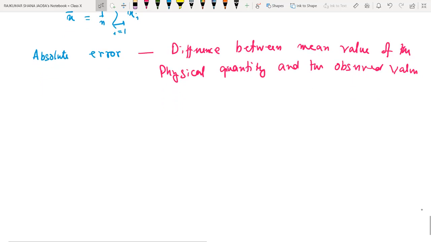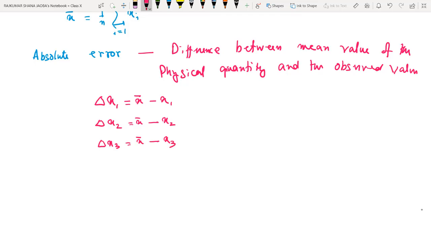So delta x1 equal to x bar minus x1, delta x2 equal to x bar minus x2, delta x3 equal to x bar minus x3, and so on. Delta xi equal to x bar minus xi.